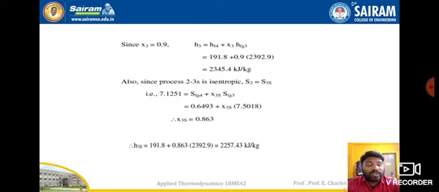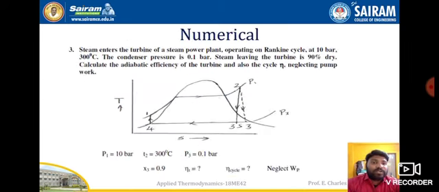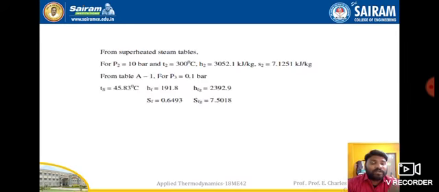If you solve this, you will get the dryness fraction at that point as 0.863. With this, we can find H3S. H3S is 191.8 plus this dryness fraction into 2392.9. So you will get 2257.45. So we have found out H3 and H3S, both values.